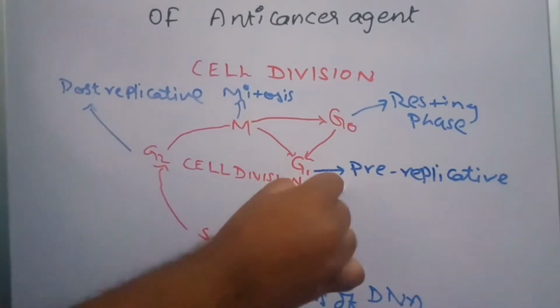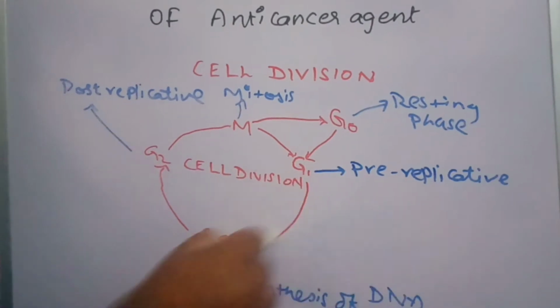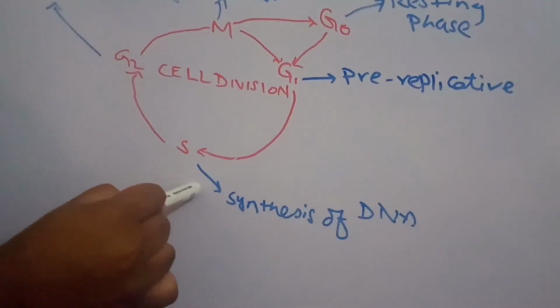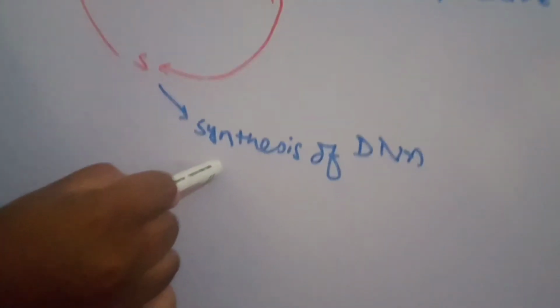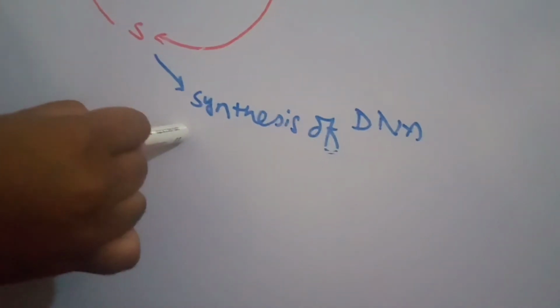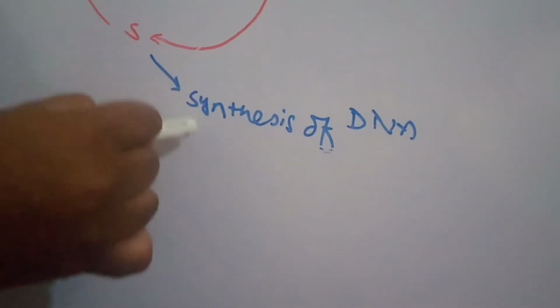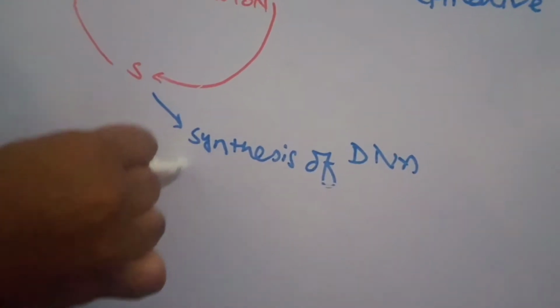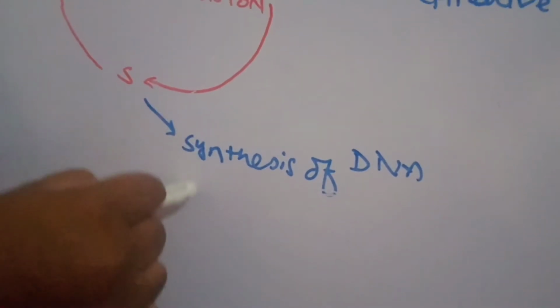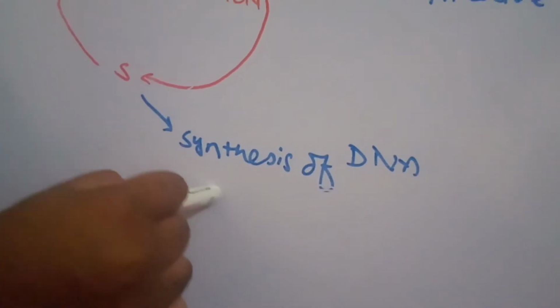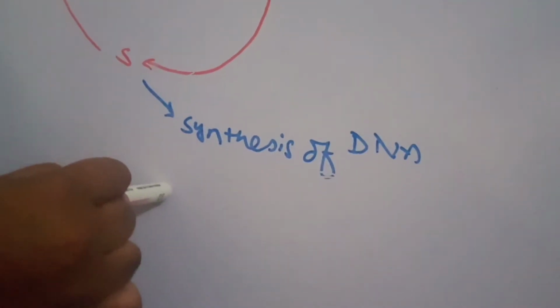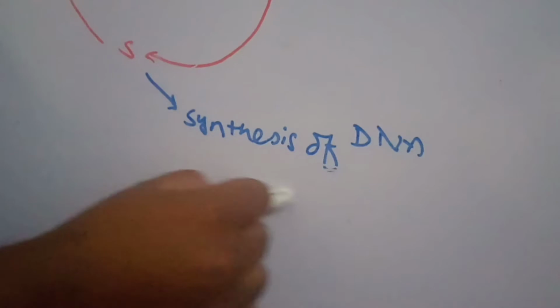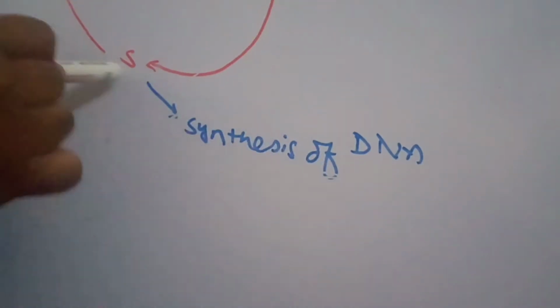Once this phase is over, they enter into the synthesis of DNA. The DNA gets synthesized. DNA consists of AT and GC base pairs: adenine bonded with thymine, guanine bonded with cytosine. So synthesis of DNA takes place in the S phase.